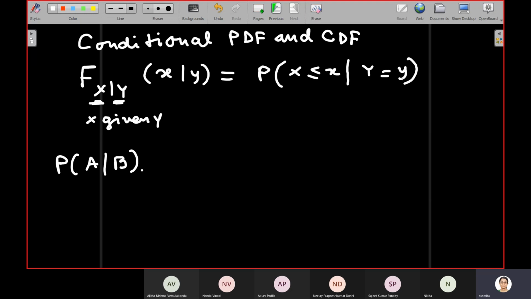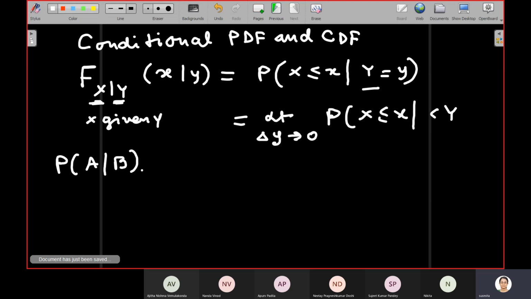Now you may ask, how about a conditional random variable? What will happen if y is a continuous random variable? Then the probability that it takes on a particular value is 0. So to deal with that, we can write this as follows. We take a small delta y, let it go to 0, and then this.